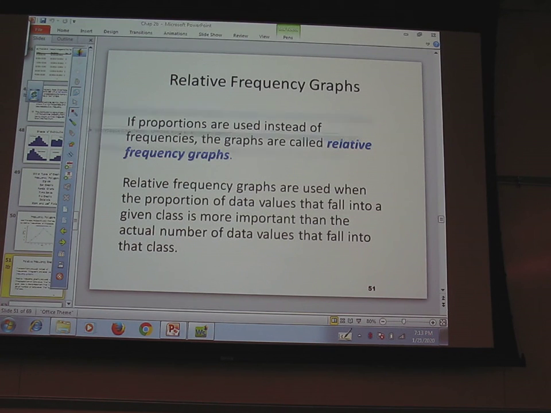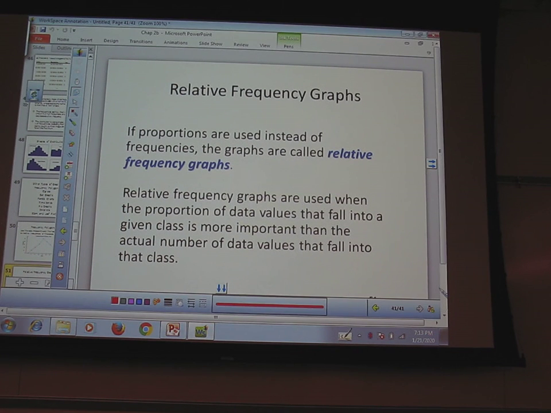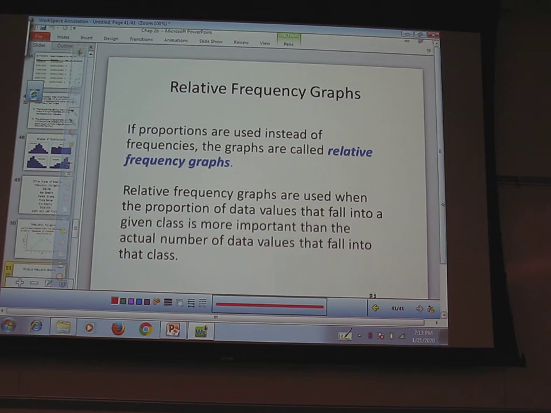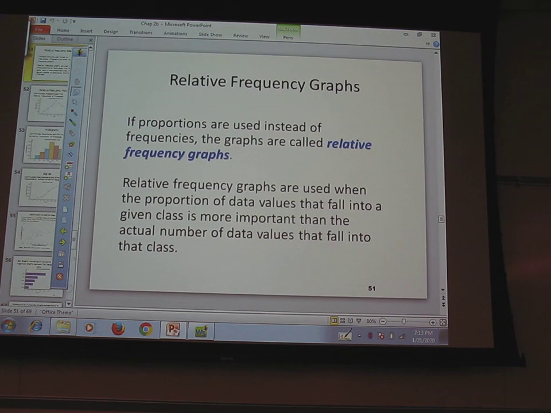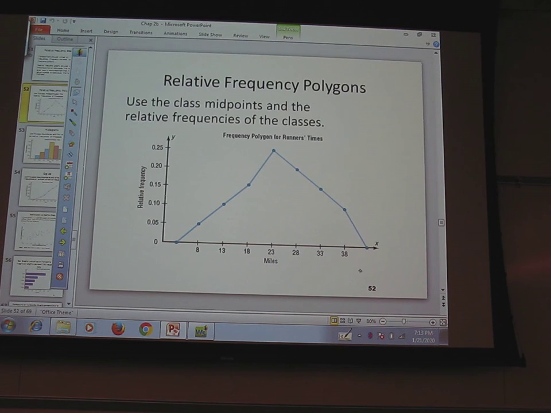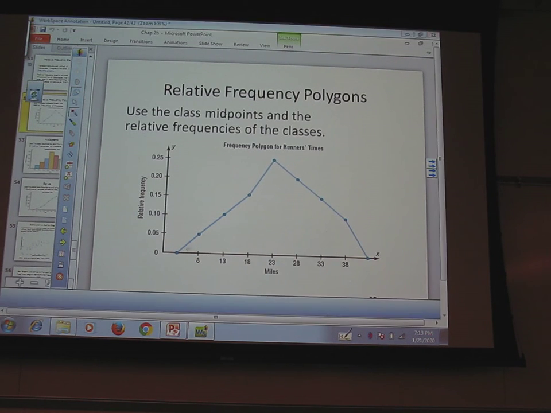There are also relative frequency graphs, where instead of using the frequency along the side, we use the relative frequency, the percentage or the decimal. When you want to focus more on the percentages, you use those. Here's one, and it looks exactly the same. It's using the relative frequencies over here instead of the actual frequencies.